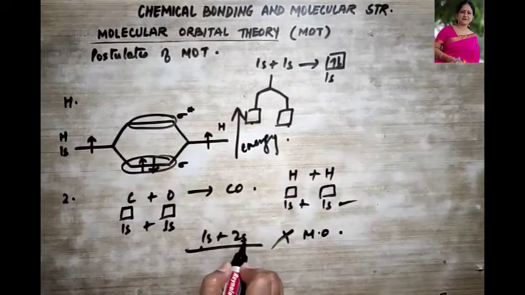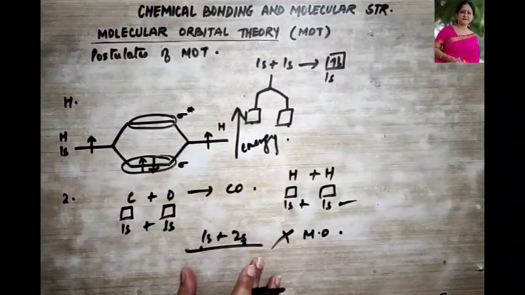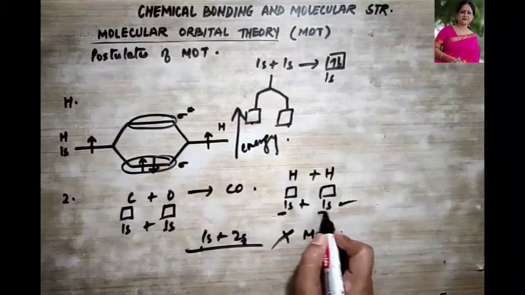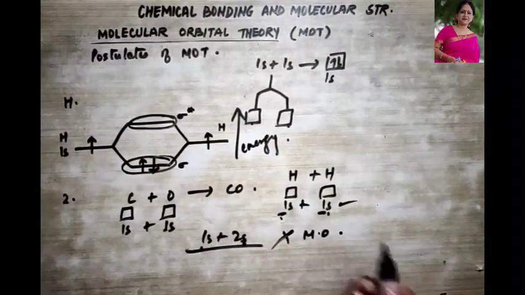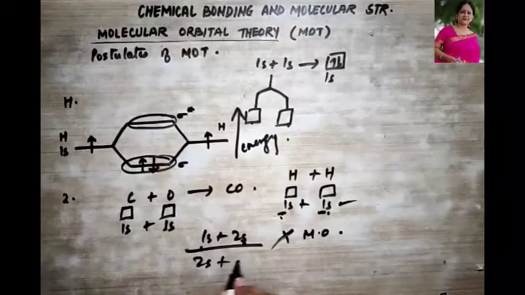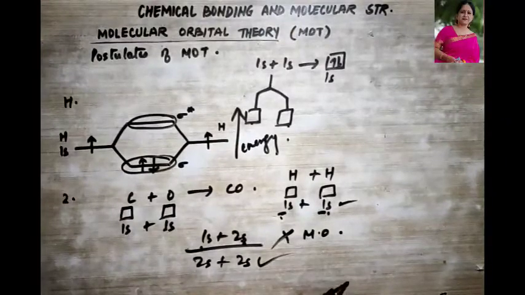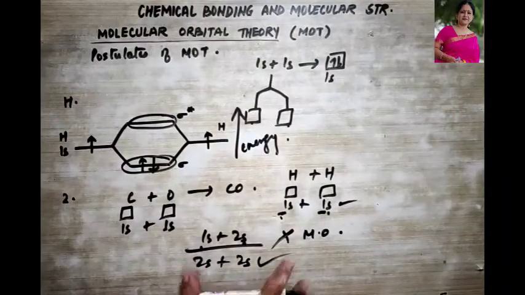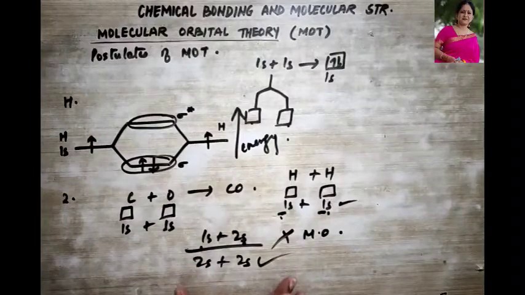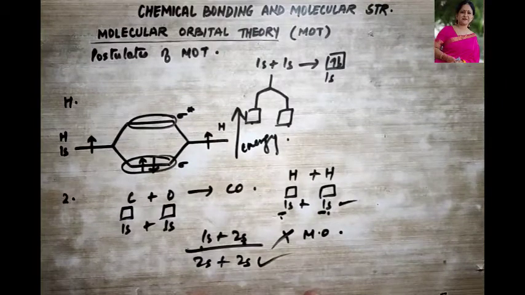The energy level should be the same. 1s with 1s, or 2s plus 2s, is okay. But 1s with 2s is not possible. I hope this is very clear. So energy should be the same or nearly the same. Then only can the atoms form the molecular orbital.